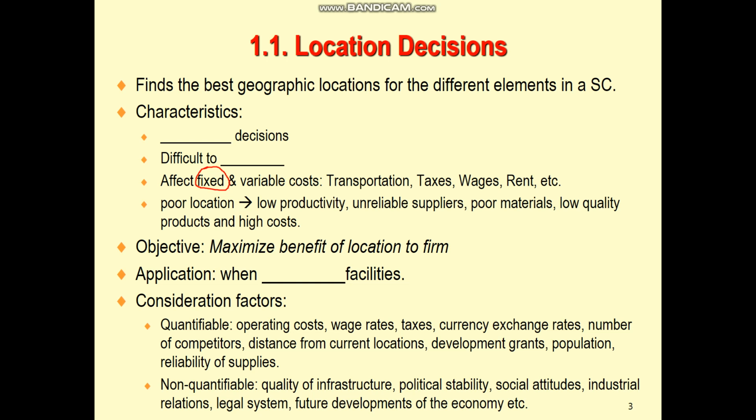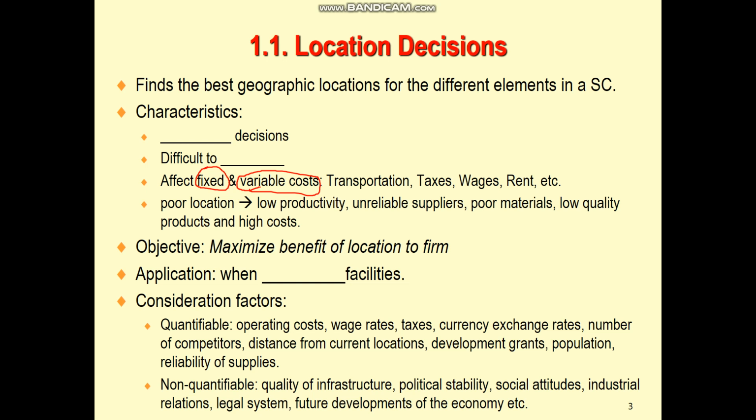It's a constant, and it is not affected by production quantity. However, the variable cost is the cost that changes over time. For example, the tax or the cost related to operational cost. And an example for the fixed cost is the labor cost or the cost to rent a building.